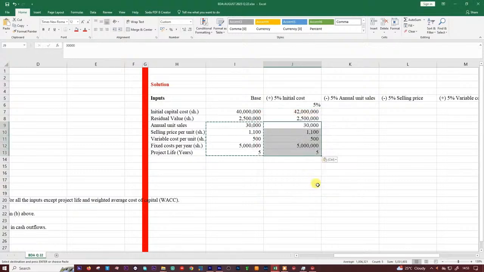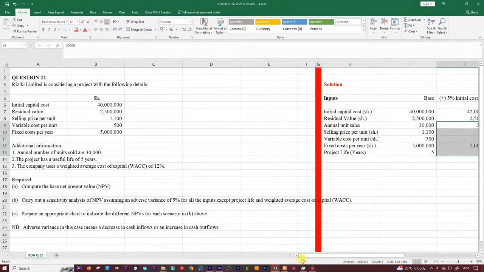Let's say okay. So if that's the case, what happens when we have a decrease in unit sales? A 5% decrease in unit sales, because from the question right here, carry out a sensitivity analysis for the NPV assuming an adverse variance of 5% for all the inputs except the project life and weighted average cost of capital.